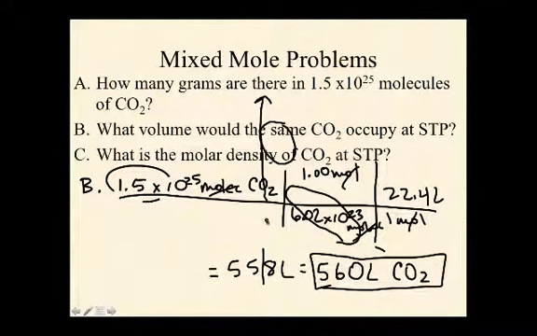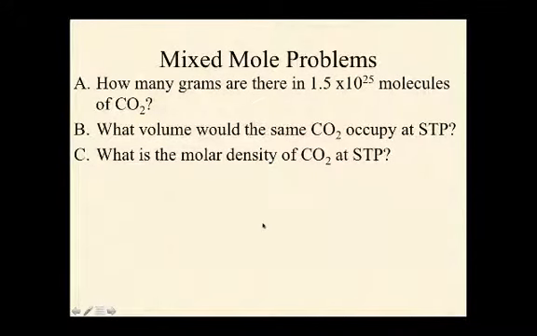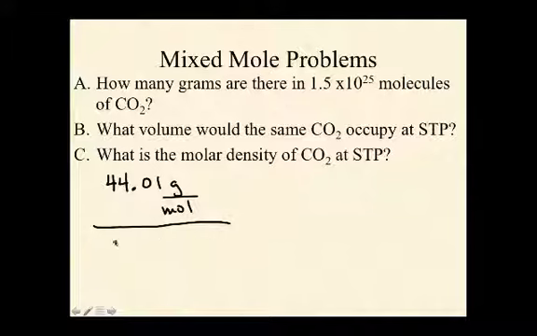Now the molar density is part C. So let's solve part C. What is the molar density of CO2? Remember our molar mass from the problem before was 44.01 grams per mole. And density is mass divided by volume. So I'm going to take the molar mass divided by the molar volume, 22.4 liters per mole. Moles is all gone now.